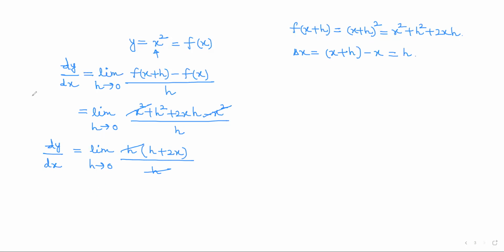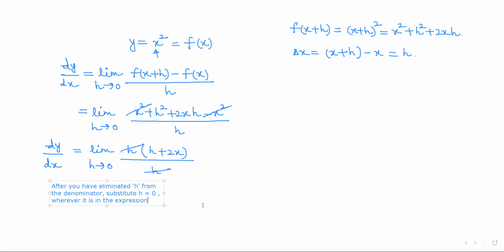Now, after you have eliminated h from the denominator, substitute h equals 0 wherever it is in the expression.